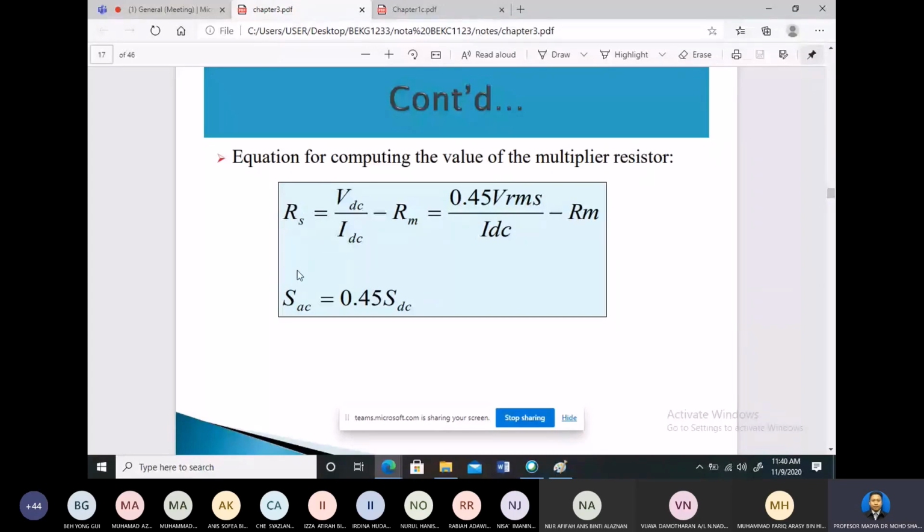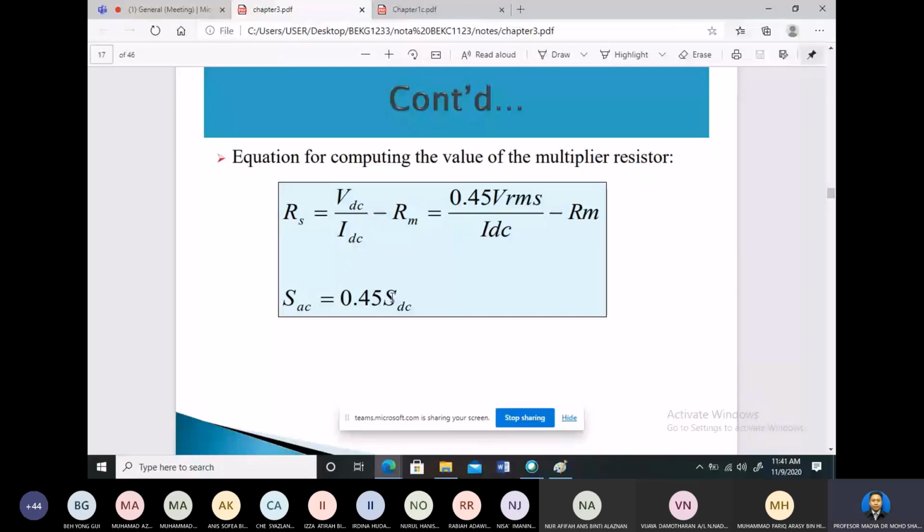And then to calculate the sensitivity of the AC, it equals 0.45. How we get 0.45 is from before, that means the sensitivity is less than 45%. So to calculate the sensitivity for AC, it equals 0.45 multiplied by the sensitivity on the DC.